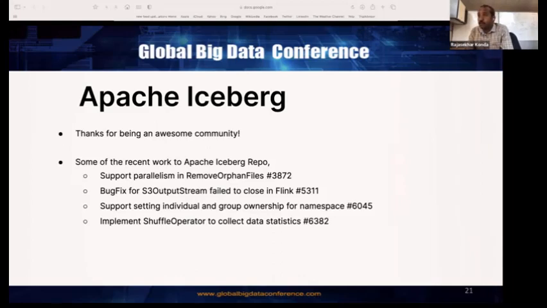We're continuously providing commits with feature updates, bug fixes, and specs about how Iceberg should look in the coming years. In the last quarter itself, we have done 20 plus commits. I've listed a few here. I won't go deep into that, but I'm happy to talk if anyone has any questions.